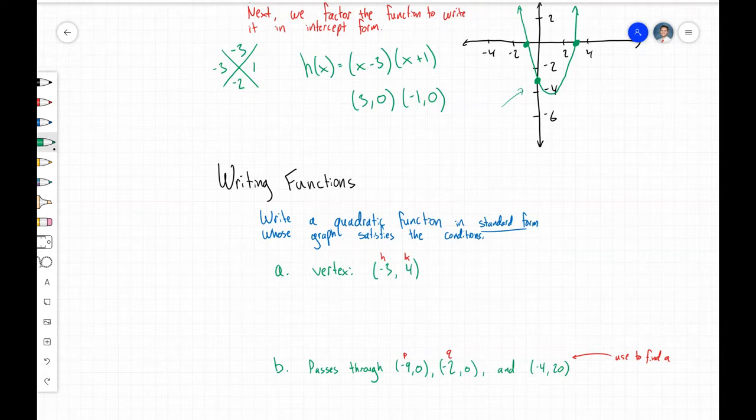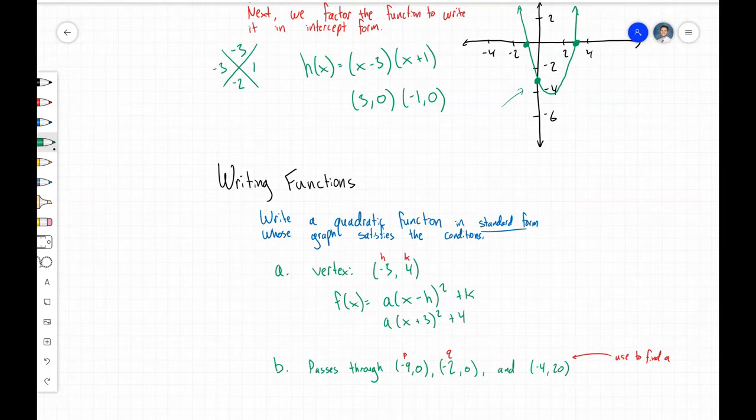Now we know that if we write something in vertex form, h will represent our x value of the vertex, and k will represent the y value. So if we write it in vertex form, f of x equals a times x minus h squared plus k, then we could write this as a times x plus 3 squared plus 4.